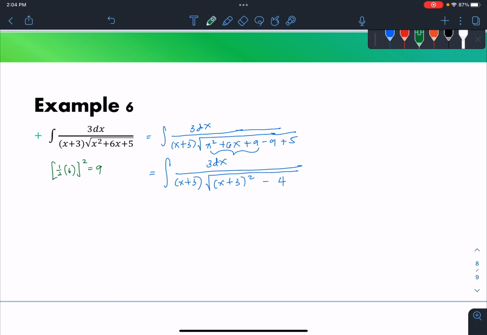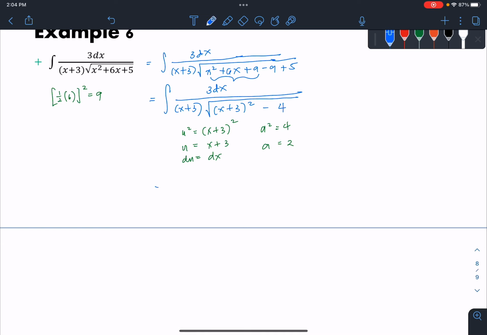And thus we could have our u squared to be (x plus 3) squared. Our u is x plus 3, our du will be dx. A squared is 4, so a is 2.